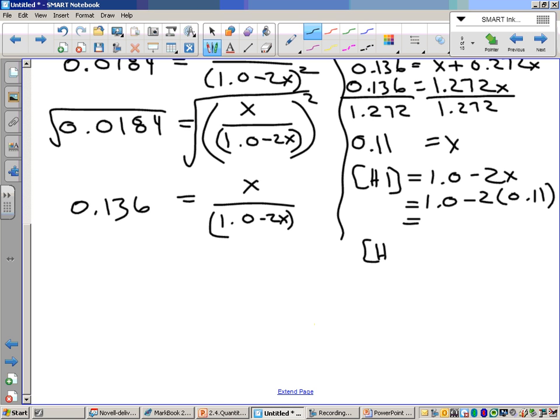And concentration of H2 equals the concentration of I2, which is equal to just x, which therefore is equal to 0.11 moles per liter.